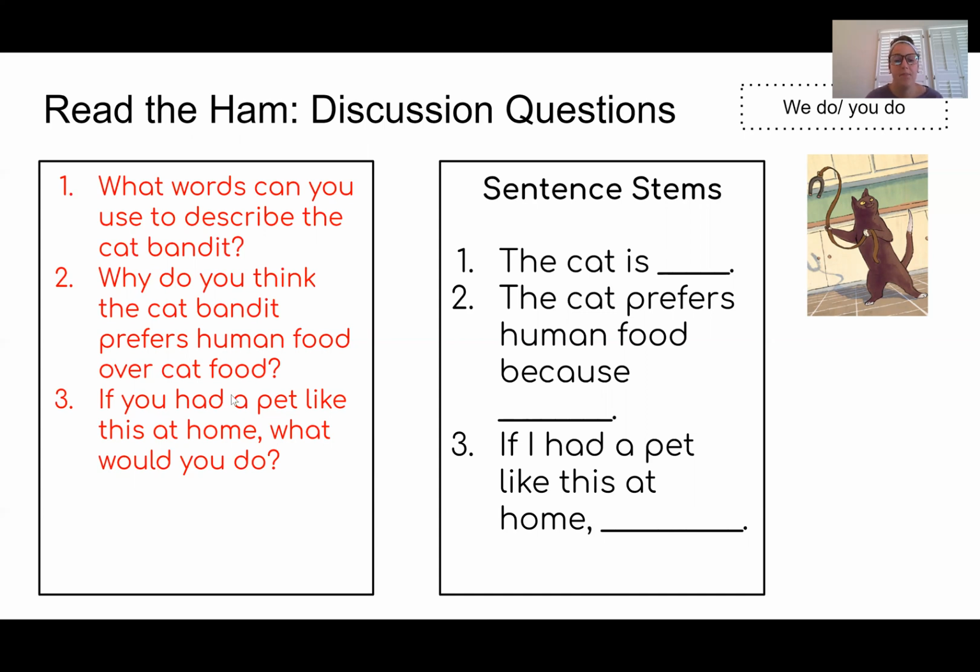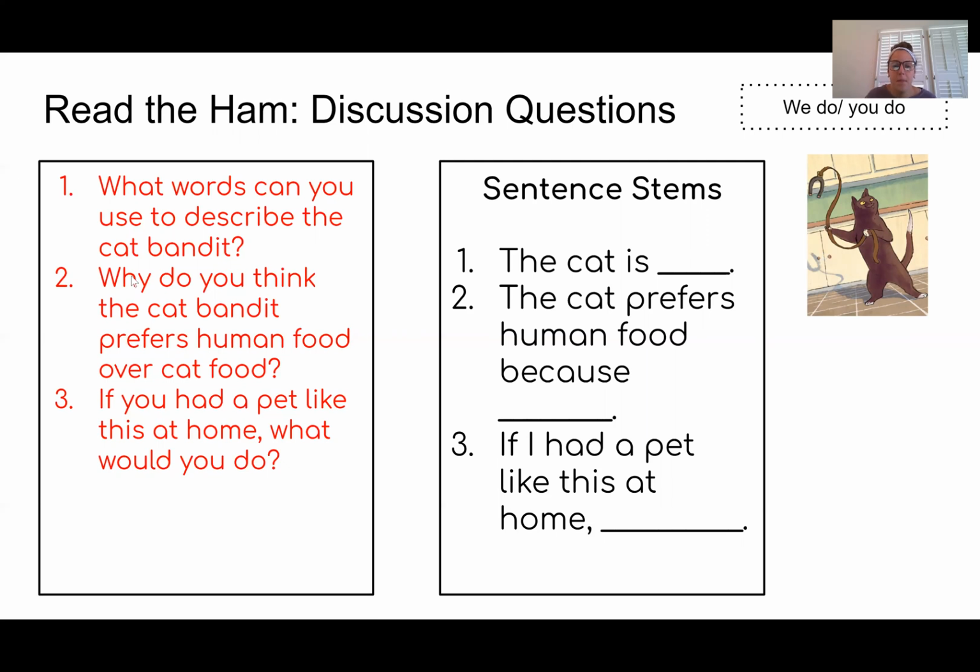Repeat after me. What words can you use to describe the cat bandit? If you need help starting your sentence, you can use the following sentence stem. Read it with me. The cat is. Very good. And you're going to use words to describe the cat.